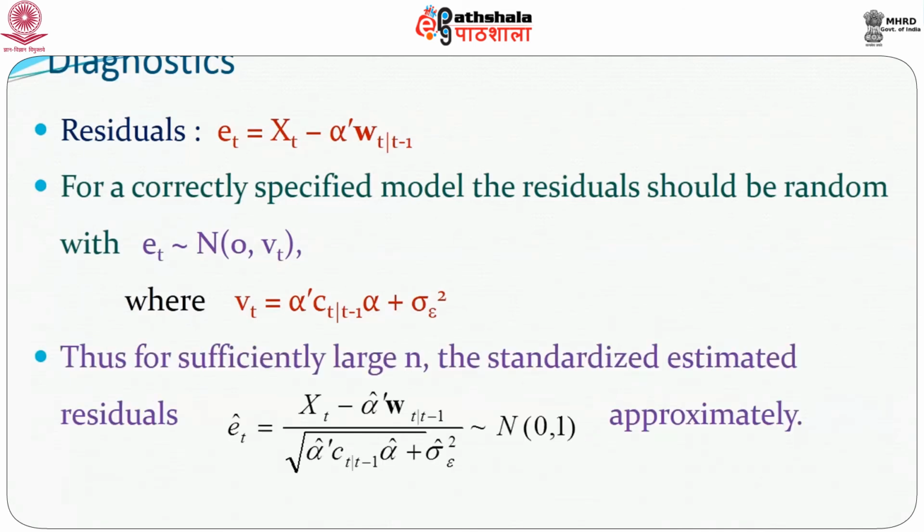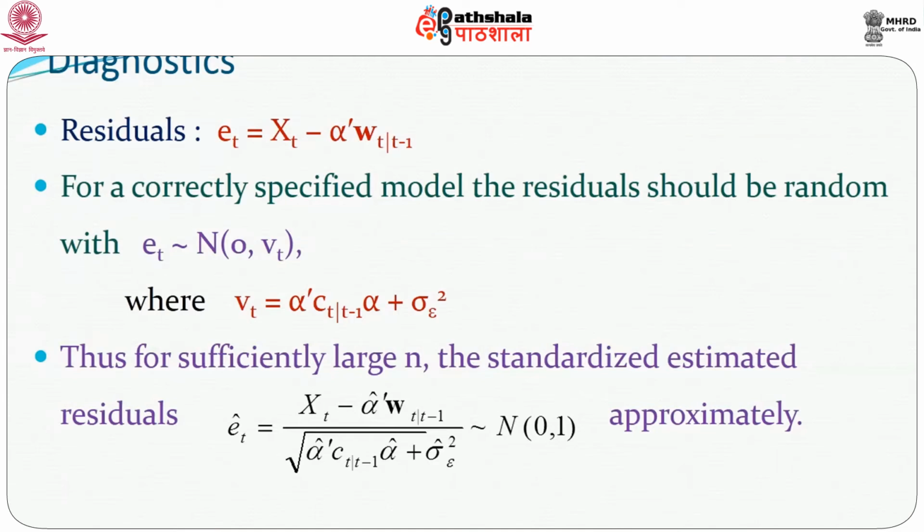Now, for sufficiently large n, the standardized estimated residual is given by Et hat is xt minus alpha hat prime Wt given t minus 1, divided by the square root of the variance of Et.